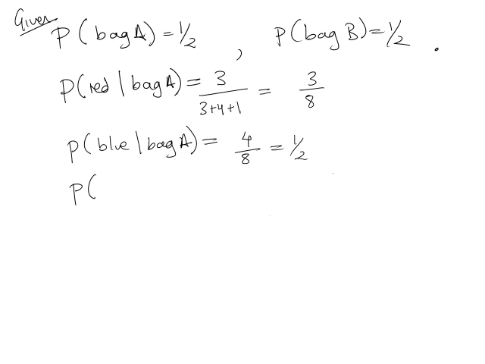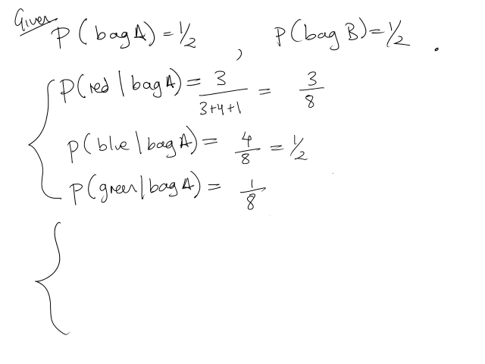And then the probability of picking a green ball given bag A is 1 over 8. Okay. So this is what we're given. And then we're given a similar thing for bag B. So the probability of red given bag B is 1 over 12. There are 12 balls in bag B.